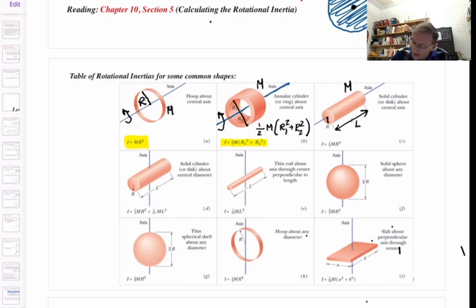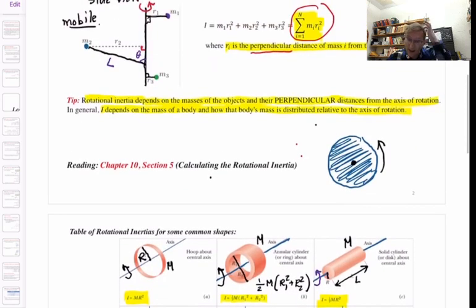And then the central axis runs right down along its center, and the whole thing is rotating about that axis. What's the rotational inertia of a solid cylinder, also called a disk, which is the picture I was just showing you right there in the top view? That's what this entry is about, that shape. But there I'm looking at it from above.